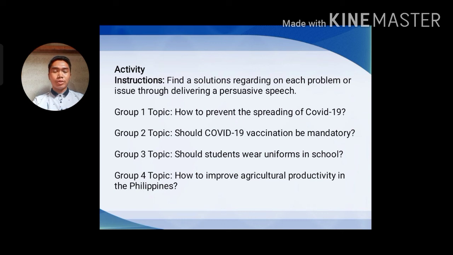I agree also with your idea that to improve the agricultural productivity in the Philippines is to help the farmers, or give them resources in order for them to farm, like seeds and also their needs in farming, like water and also the materials that they need in farming.